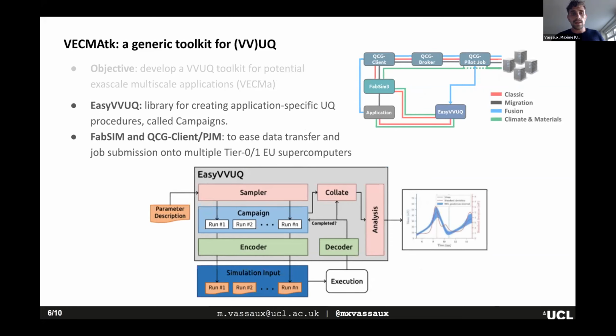This is then fed to two other tools of the toolkit, which are FabSim and the QCG PilotJob Manager, which facilitate the execution of these samples onto supercomputers available in the EU, typically SuperMUC in Germany and Eagle in Poland.